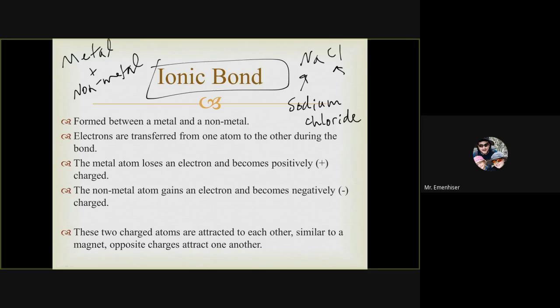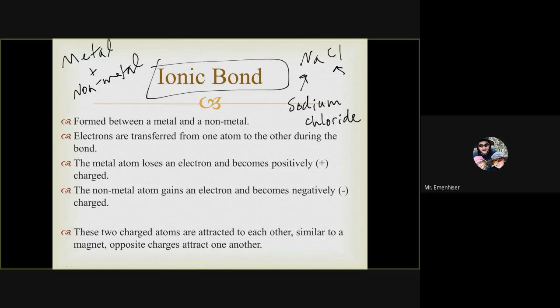So you take a metal and a non-metal, you make a bond between them. Electrons will be transferred from one atom to the other. One atom will take extra electrons from the other atom. So one atom will lose electrons, one atom will gain electrons. Since electrons are being transferred, these two atoms are both going to be charged atoms. What do we call a charged atom?